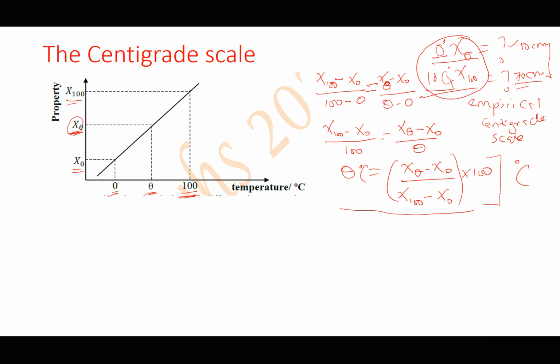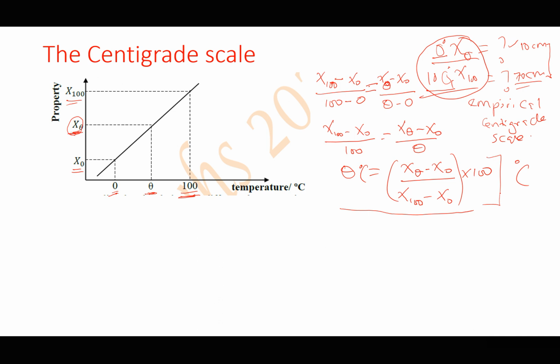This implies that the two thermometers are giving two different centigrade scales. So in other words, I'm trying to say that there could be a variation, there could be a discrepancy, there could be a difference in two centigrade scales, even if they are taking the same measurement, or they are being used for the same experiment. So they could slightly be different.